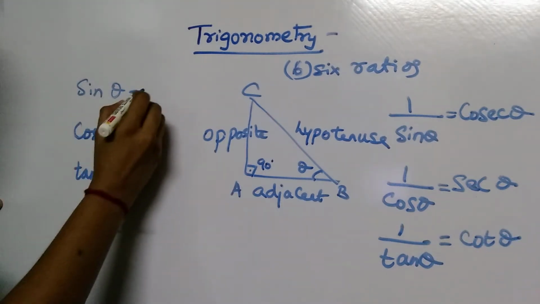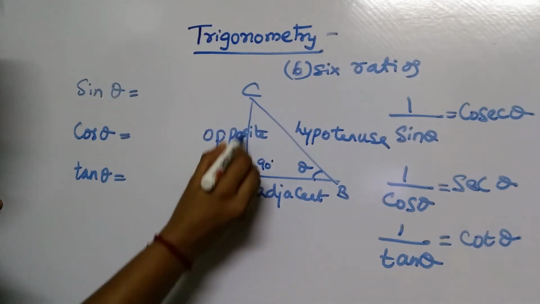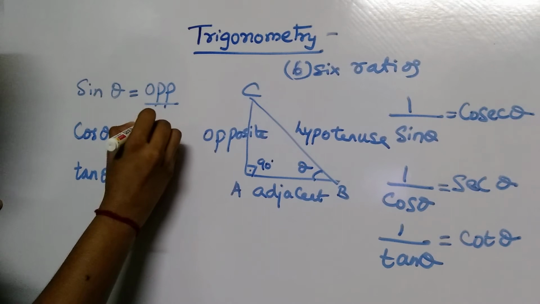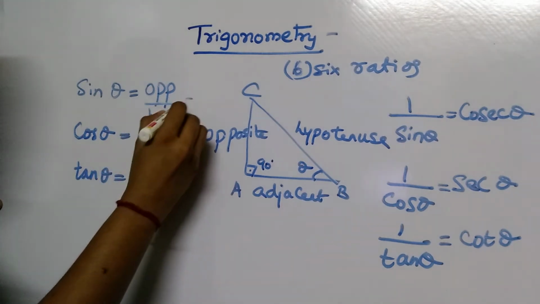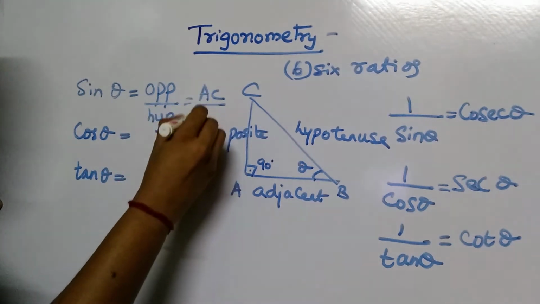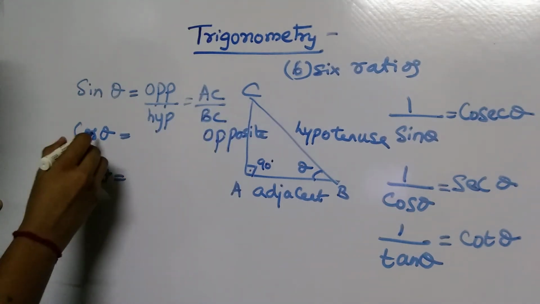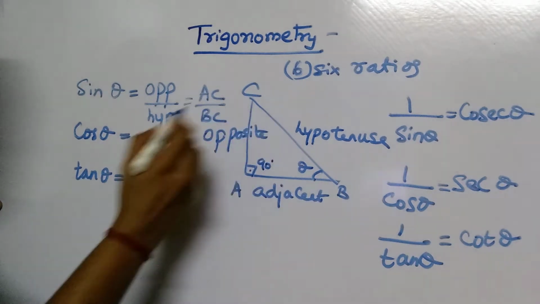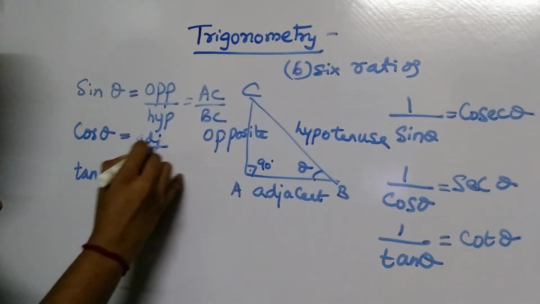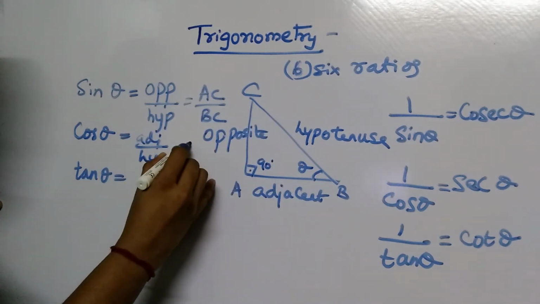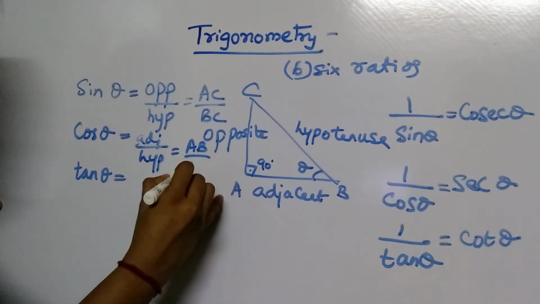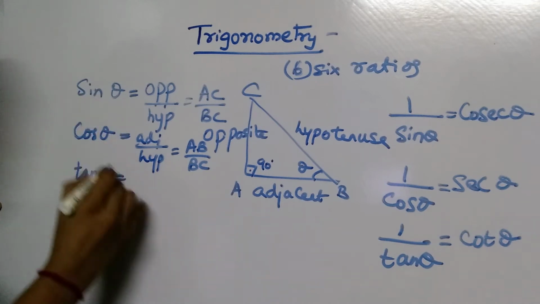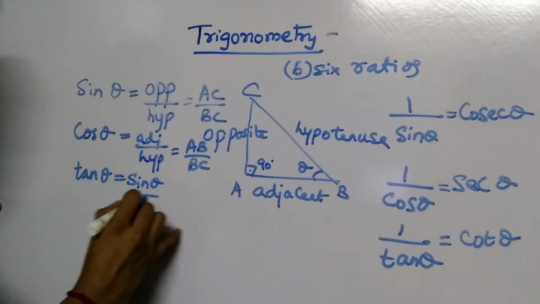So what is sine theta? It is opposite side by hypotenuse, that is AC by BC. Similarly, cos theta will be AB by BC, that means adjacent by hypotenuse. Then what is tan theta? It is nothing but the division of sine and cos, sine theta by cos theta.